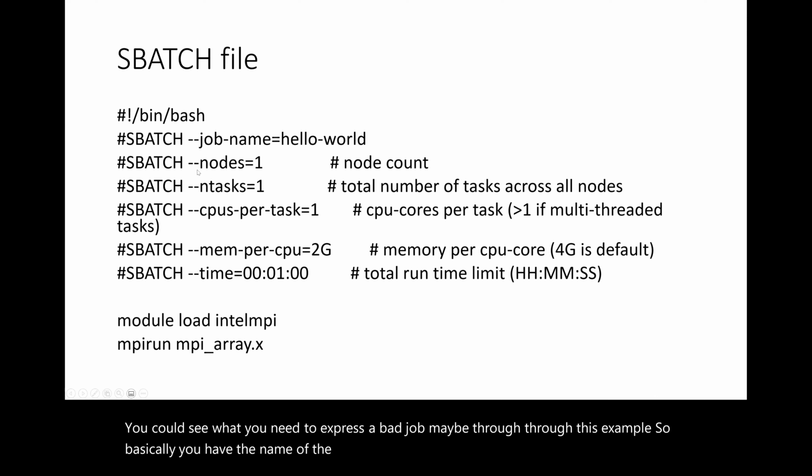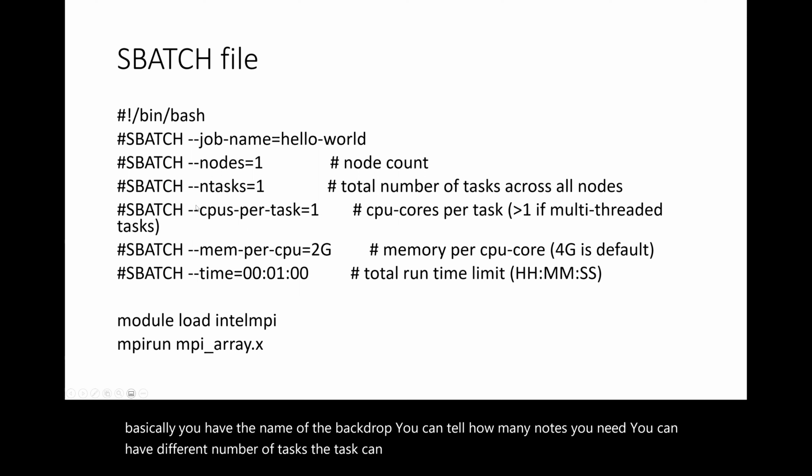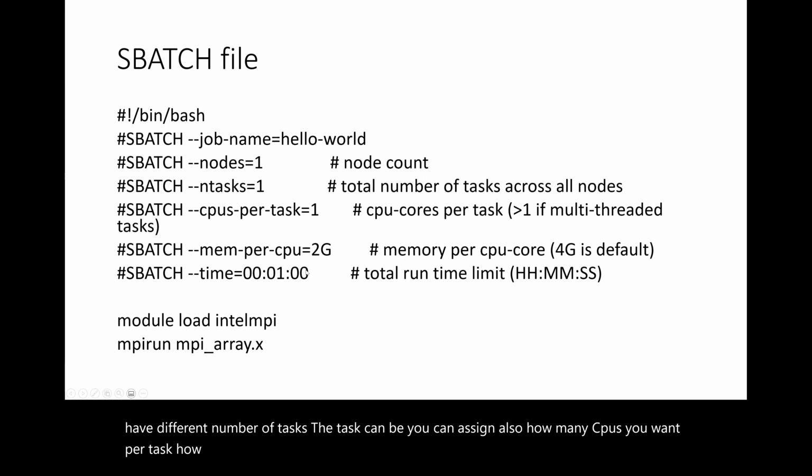You can tell how many nodes you need. You can have a different number of tasks. You can also assign how many CPUs you want per task and how much memory you want per CPU. So you do similar things to what you do in your pods, with requesting resources.